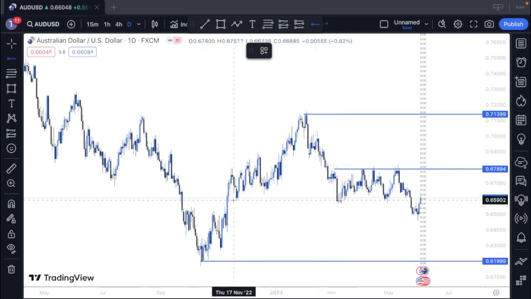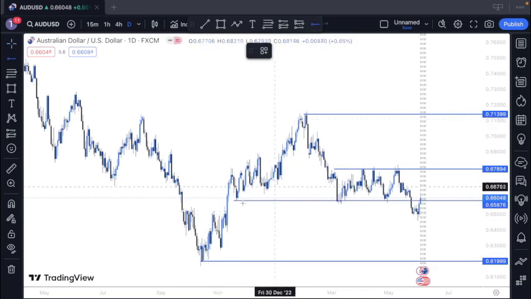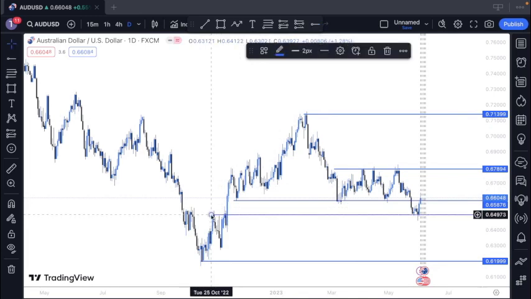Okay, there's also this significant level right here. Let's see, we have another one right here. I just want to make sure that all of these levels are catered for in order to understand why price is having a reaction at a certain level. We have to mark these important levels.